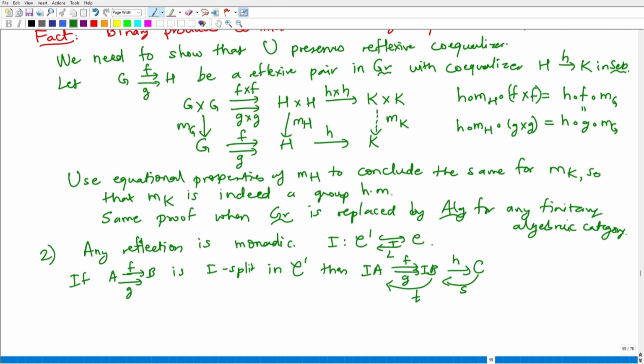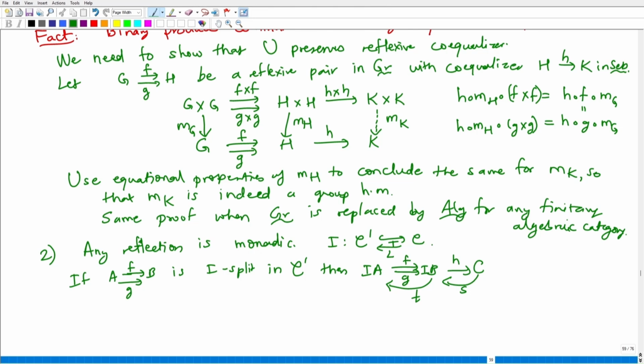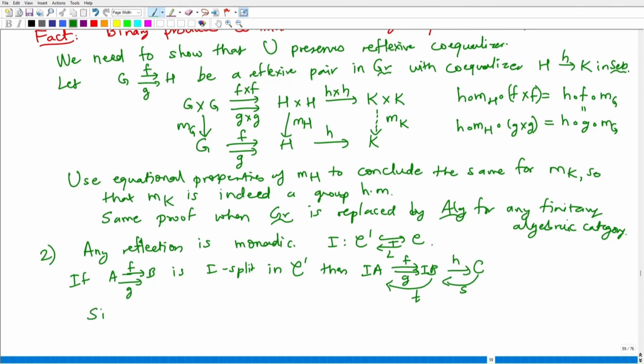I-split means once you map it into the target category, then the diagram has a split co-equalizer. Okay, we have seen the definition of split co-equalizer. Now there are certain things to argue. First of all, I was highlighting the fact that C prime is a full subcategory. And that fullness is useful to conclude that T is in C prime. Yeah. So since C prime is full, T is a morphism in C prime.